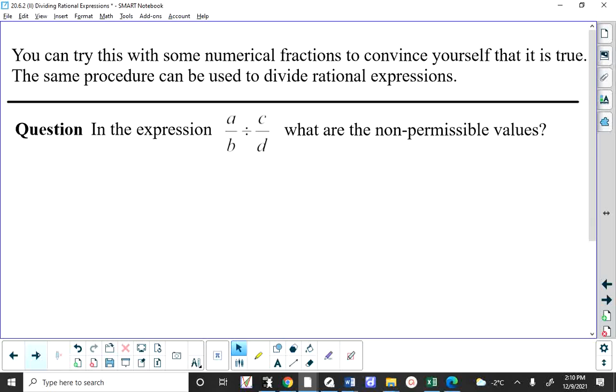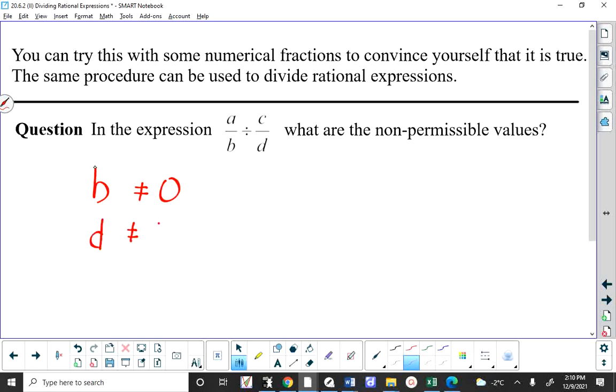And I think it's pretty obvious that b is not allowed to be 0. Because if b is 0, then that first fraction is undefined. It doesn't even exist.